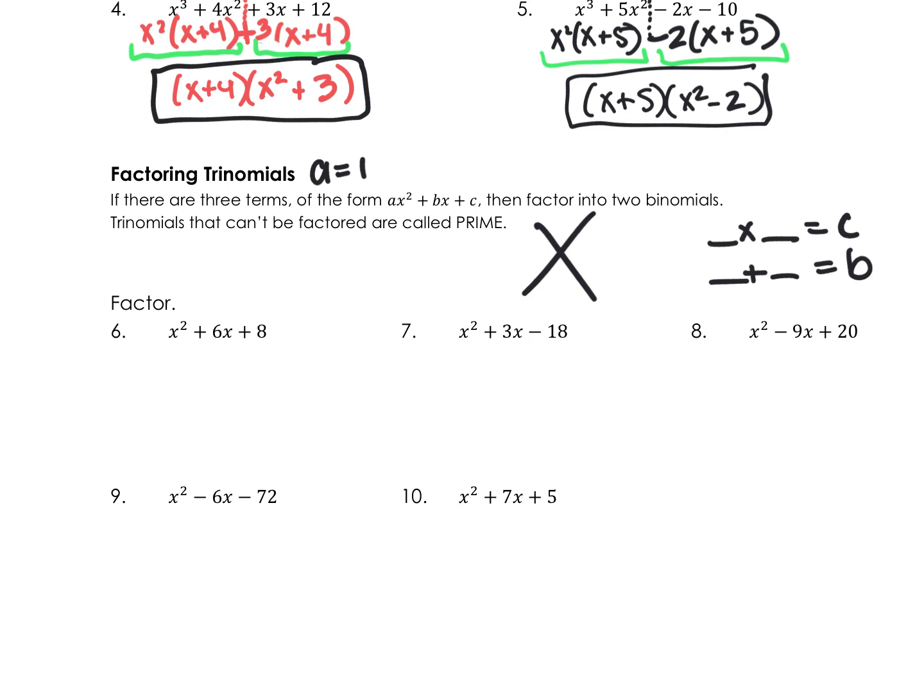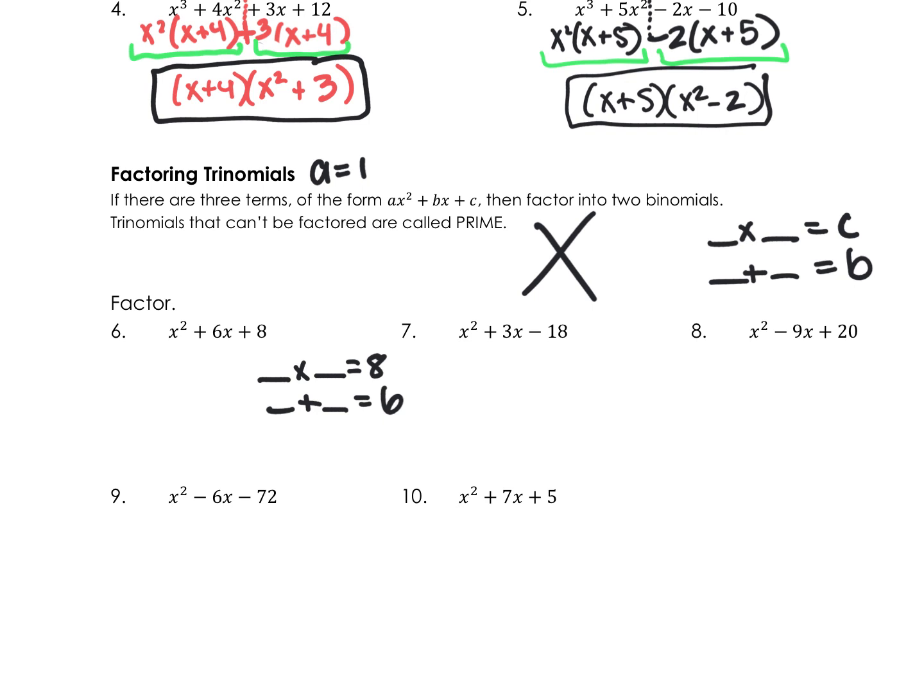So for number 6, we're going to look for two numbers that multiply together to get what? Yeah, what's c here? 8. So we're looking for two numbers that multiply together to get 8, but also add together to get what? 6. So two numbers that multiply together to get 8 and add together to get 6.